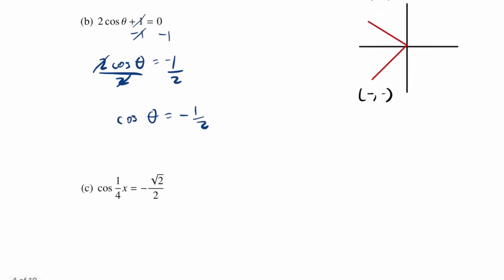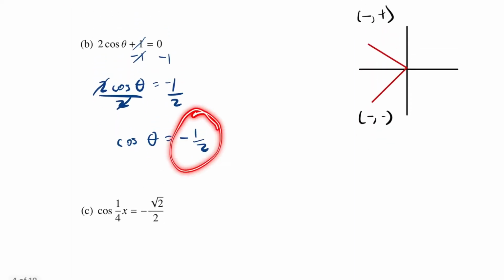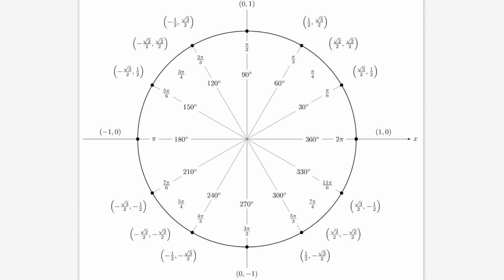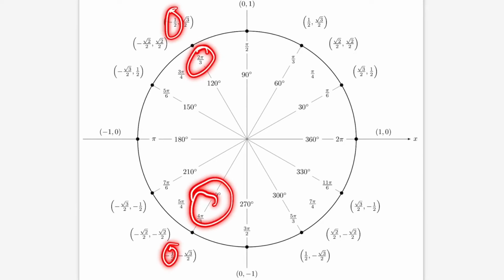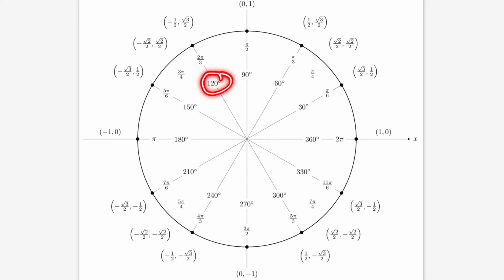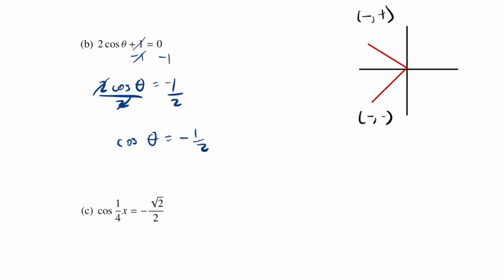So we need to find these two angles. Let's find on a unit circle which angles have a cosine, or x-coordinate, of negative 1/2. That would be this one and this one. Let's do degrees this time: 120 and 240.